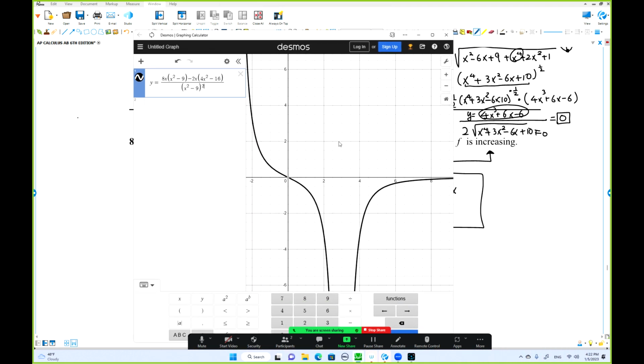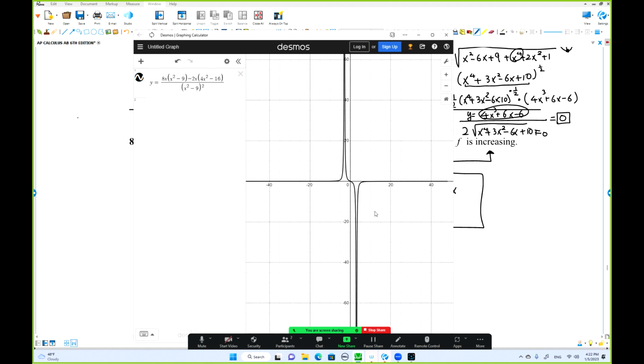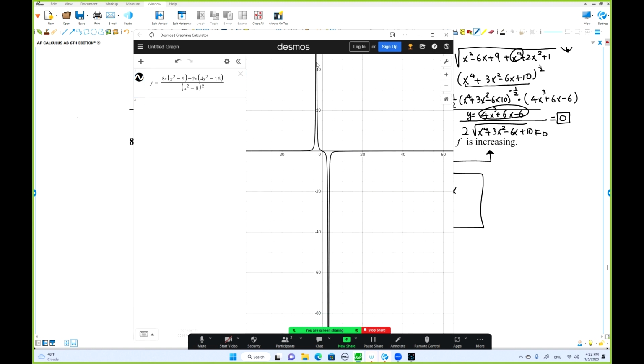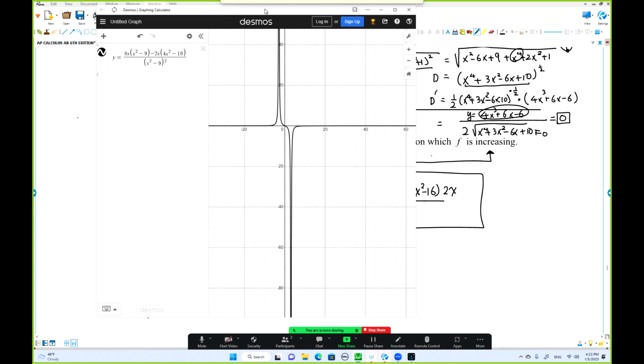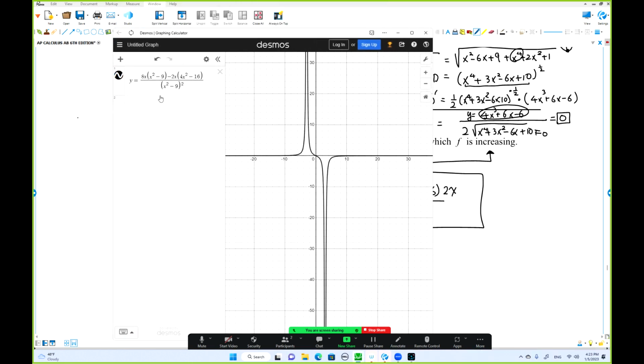So which section is all positive over here, okay? Increasing. Take a look over here. Can you see that? x squared is 9, so x is plus or minus 3, right? Plus or minus 3, there is what? An asymptote, okay?